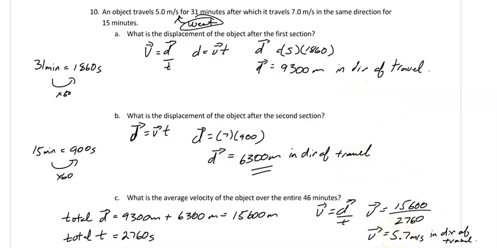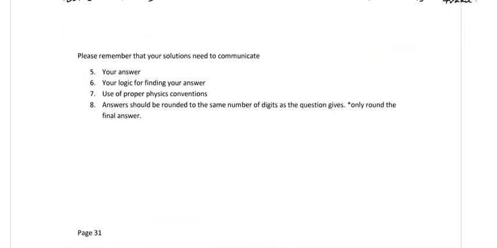Okay, a couple of things to remember is that your solutions need to, first of all, communicate your answer. You need to have the full answer and the logic for finding your answer. Now, whether that be through a graphical analysis or showing your work or explaining why the answer is 0, etc., needs to be in there.